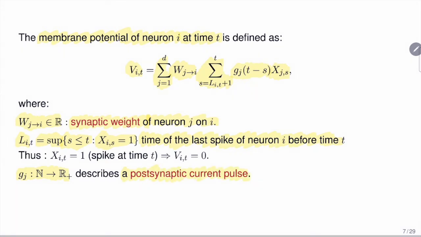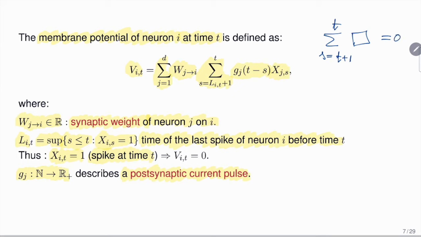And the function g_j is a positive function describing a postsynaptic current pulse. Before moving on, let me make two remarks. The first remark is the following. Whenever X_i(t) is equal to 1, meaning that neuron i spiked at time t, then the second sum appearing in the definition of V_i(t) will be 0 for each j, and here we are using a convention that a sum over s going from t+1 to t of some function is going to be 0.